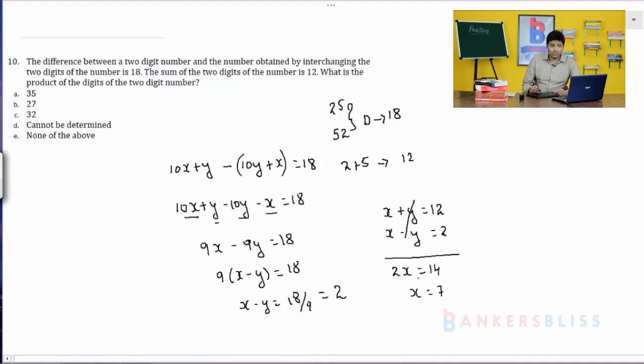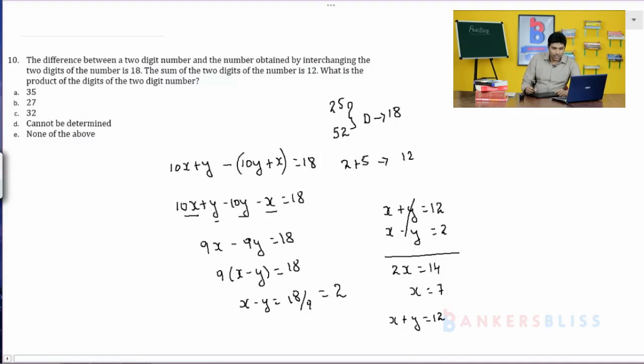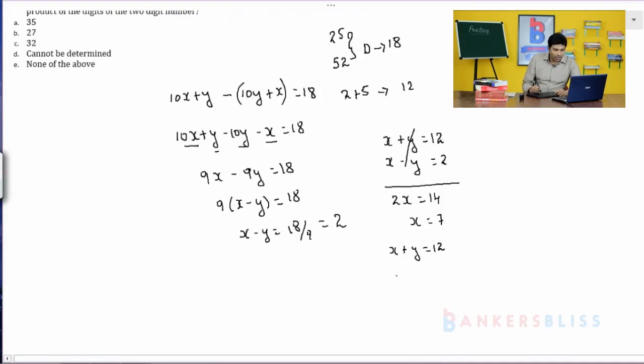If x is equal to 7, then what is the value of y? See here, x plus y is equal to 12. Next, 7 plus y is equal to 12. Therefore, y is equal to 12 minus 7, which is equal to 5. So, the number is xy, that is 75.